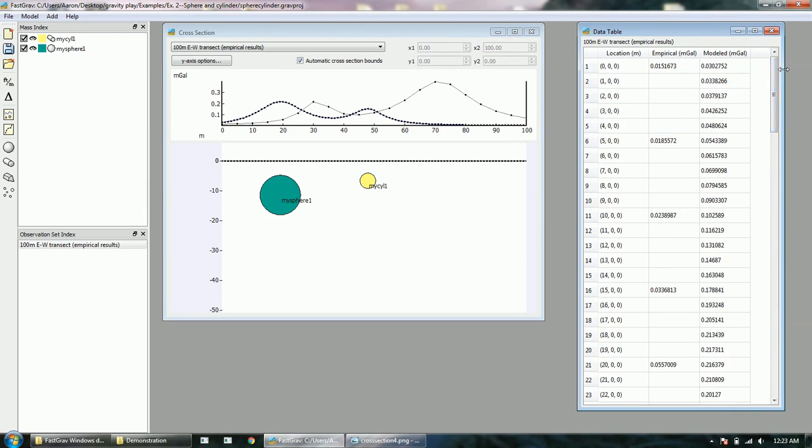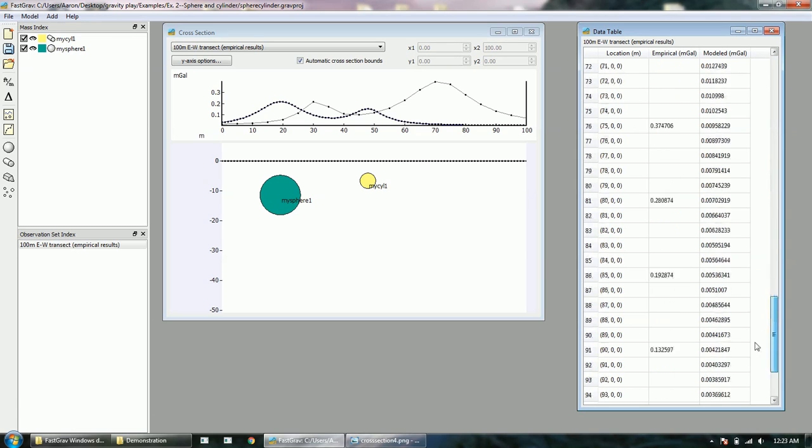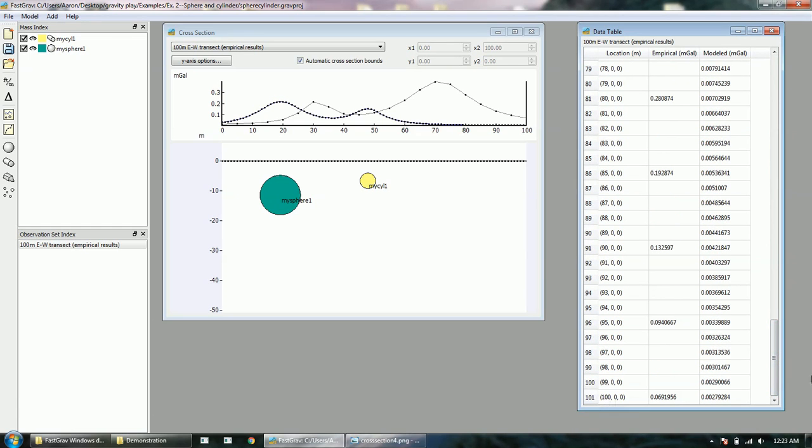So what we've got here is an observation set that actually is perfectly straight and has no altitude changes. It just goes from x equals 0 to x equals 100.